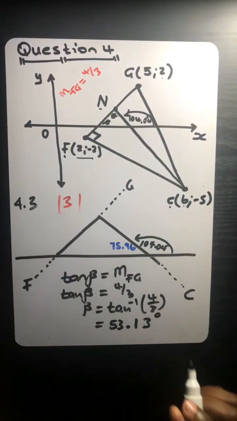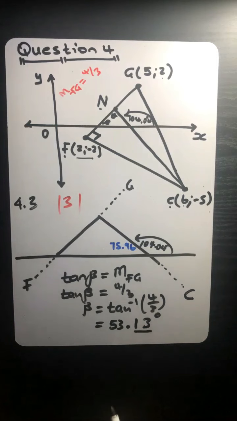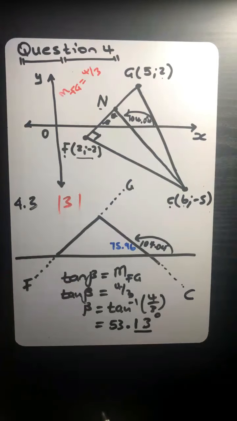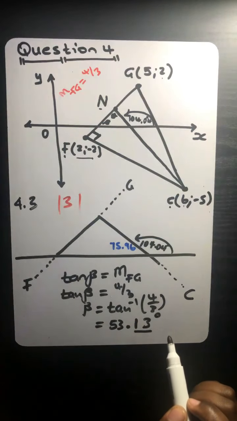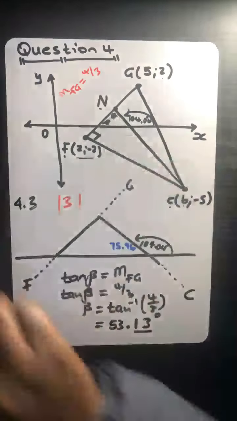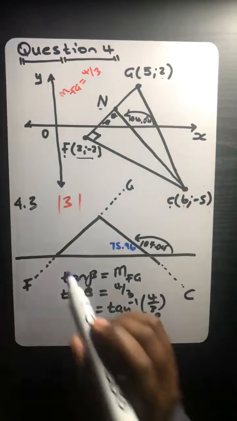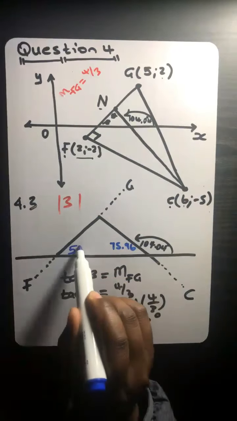So before I forget, I wanted to say it is very important that we write that decimal. Why? Because this is not the final answer. Remember, what we are calculating is actually that angle theta, because that is what the question wants us to calculate.